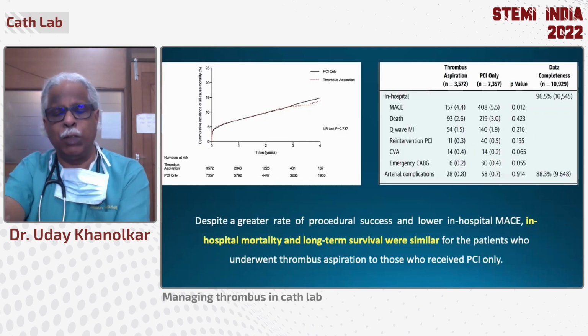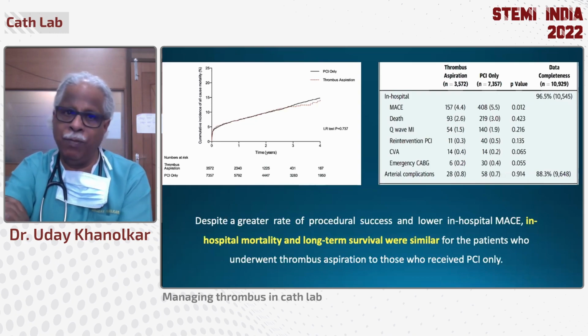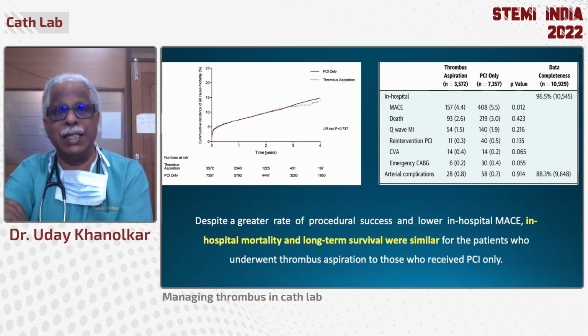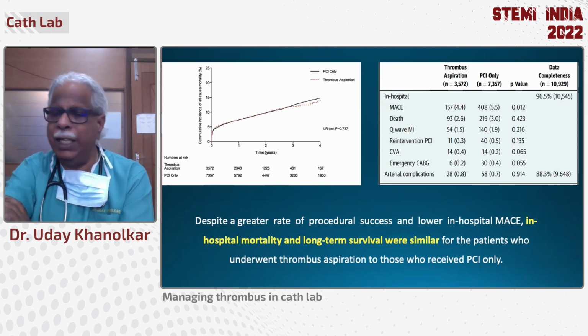One of the aspects is thrombus aspiration. Now, it has been seen that thrombus aspiration increases the procedural success with a lower in-hospital MACE. However, the long-term survival with or without thrombus aspiration with only a PCI is in no way different, and it doesn't add any much advantage to this.